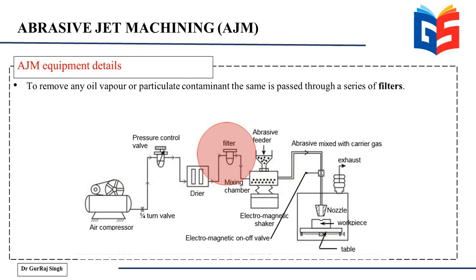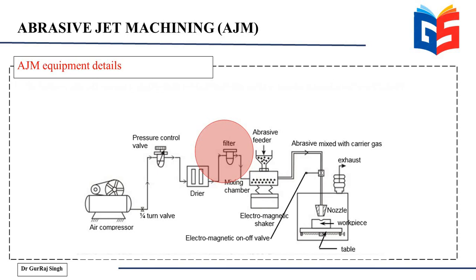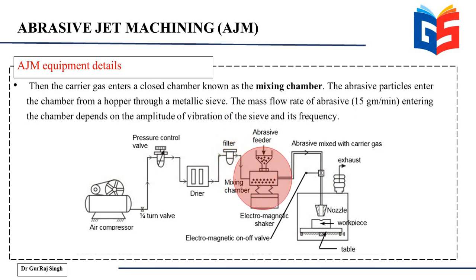So this is basically used to remove any particulate contaminants that may have passed through the dryer. So the dryer and the filter, they are basically used for purifying the air. Then you have the mixing chamber. So here you introduce the abrasive particles into the chamber through a metallic sieve.